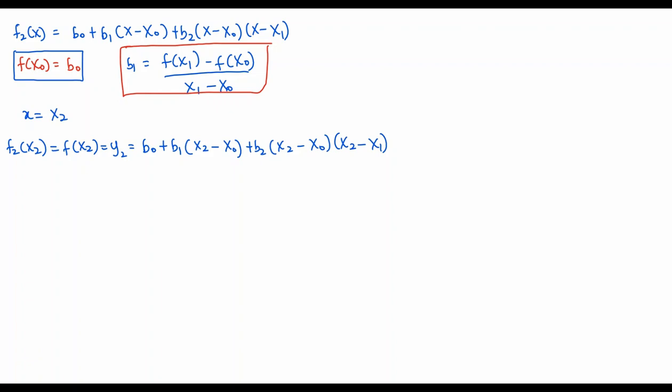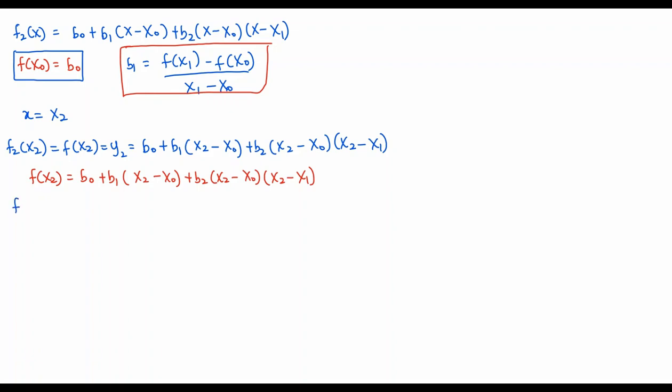Now let's do some simplification and see. At this point, you are going to have f of x2 equal to b naught plus b1 bracket open, x2 minus x naught, plus b2 bracket open, x2 minus x naught, multiplying x2 minus x1. We know what b naught is, and we know what b1 is, right? So we can do the substitution.